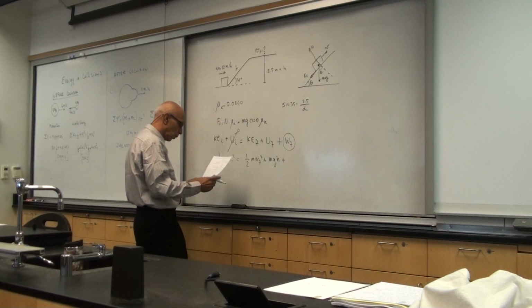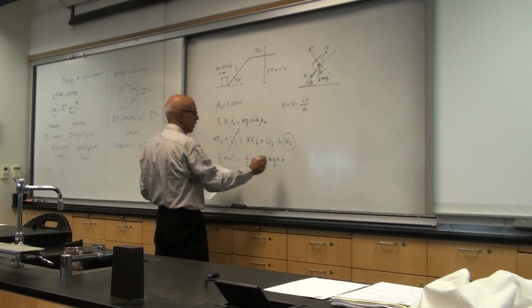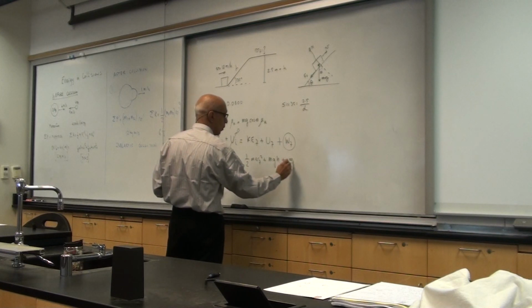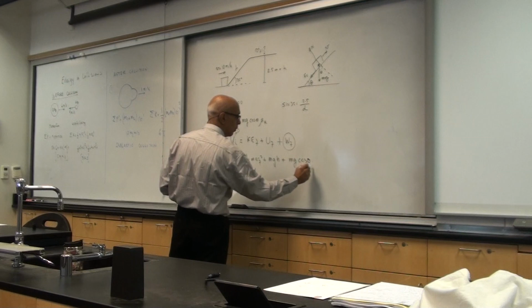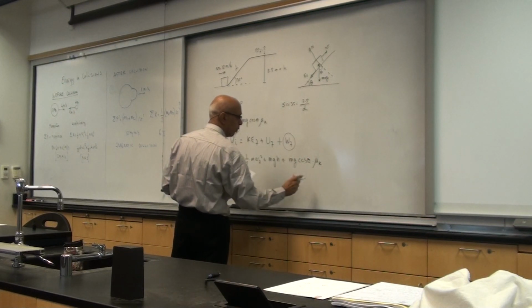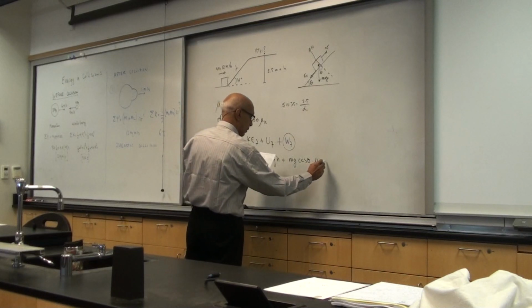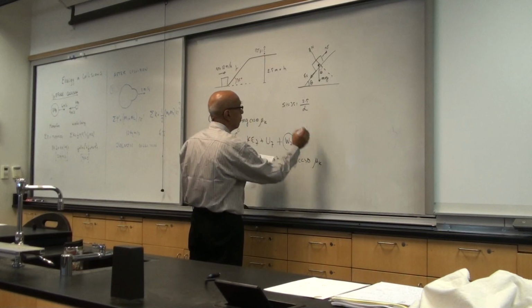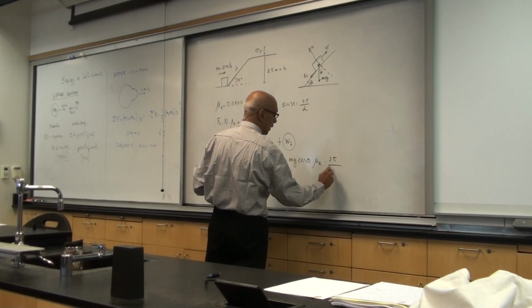And this work is F, that is mg cosine theta times the coefficient of friction times d. But d is 2.5 divided by sine of 35.